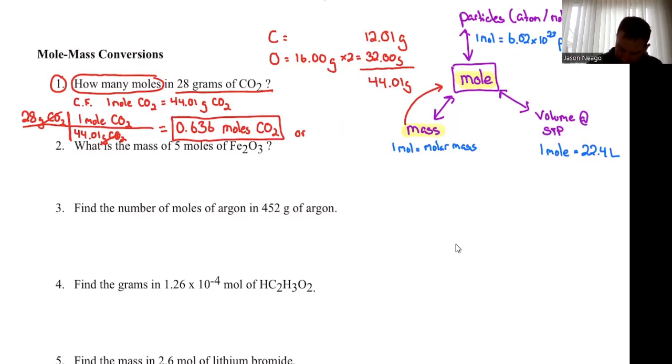So it'd be 28 grams CO2 times 1 mole CO2 over 44.01 grams CO2. Once again, I like to put that as a 1, and then my grams cancel, and I do the exact same thing. So 28 divided by 44.01, and I get the same answer.